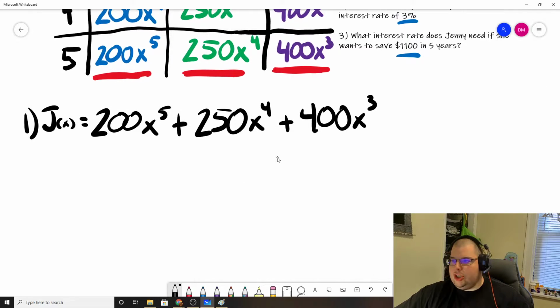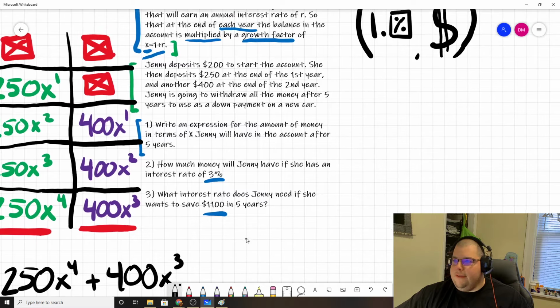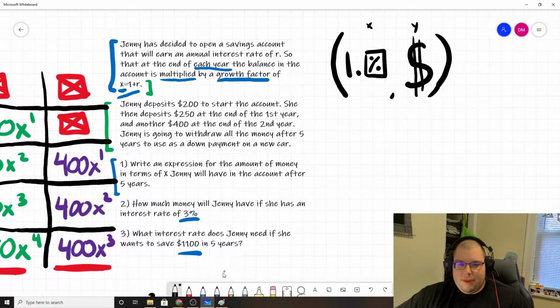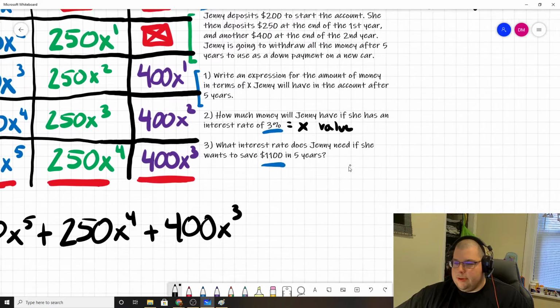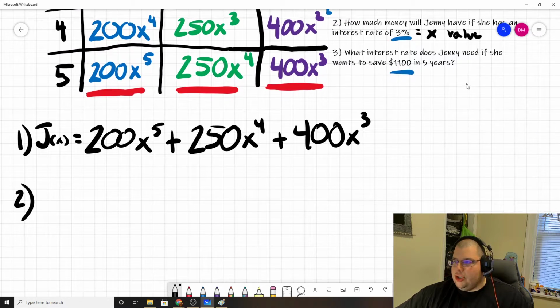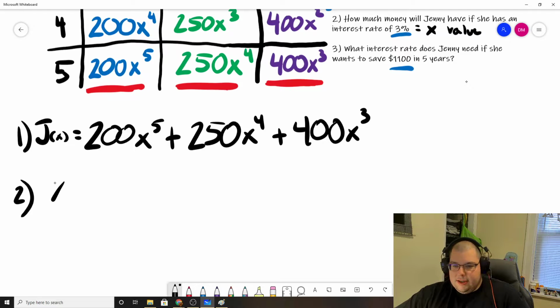Now for number 2, we got to keep in mind from previously up here that our x values are our interest rate. So this is going to be some kind of x value when we're talking about solving this problem. So I've got this equation, and now x is equal to 1 plus r. And in this case, r is my interest rate of 3%.